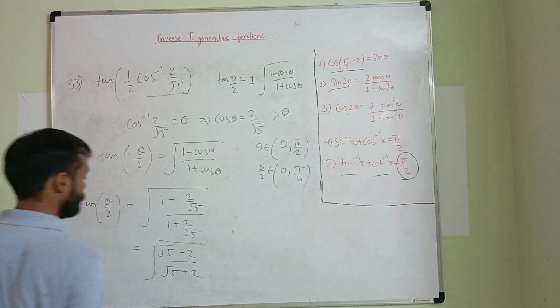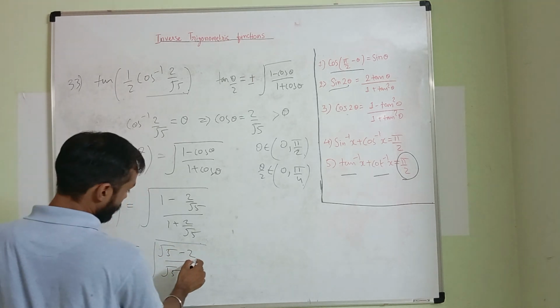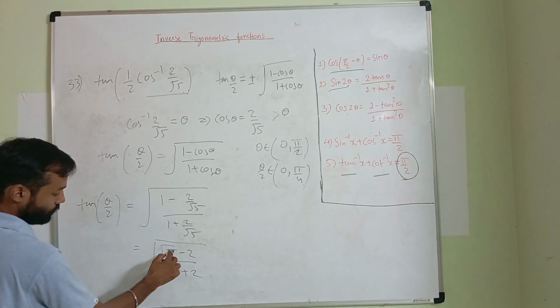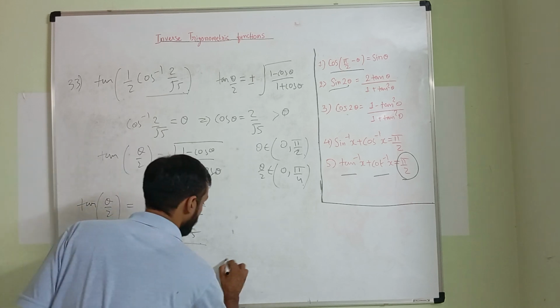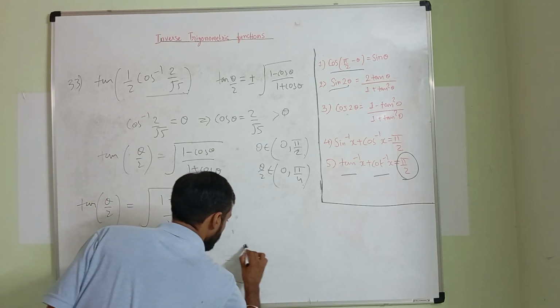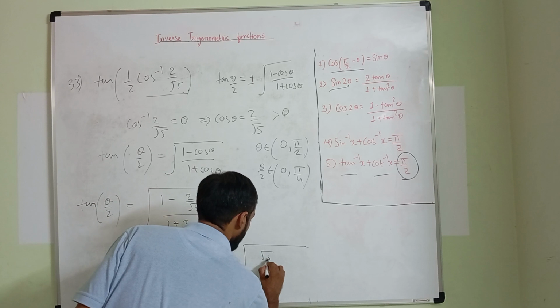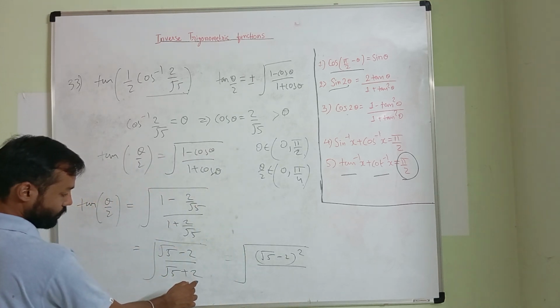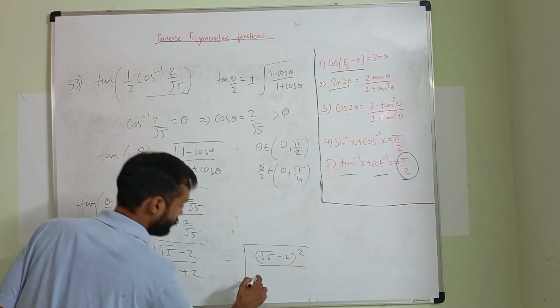Now multiplying this numerator and denominator with under root 5 minus 2, we will get under root 5 minus 2 whole square, and for the below term, under root 5 plus 2 and under root 5 minus 2.